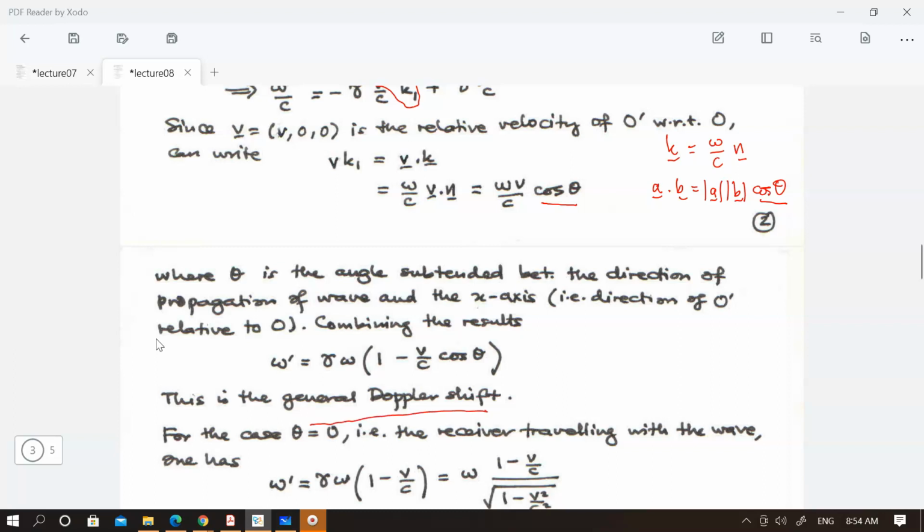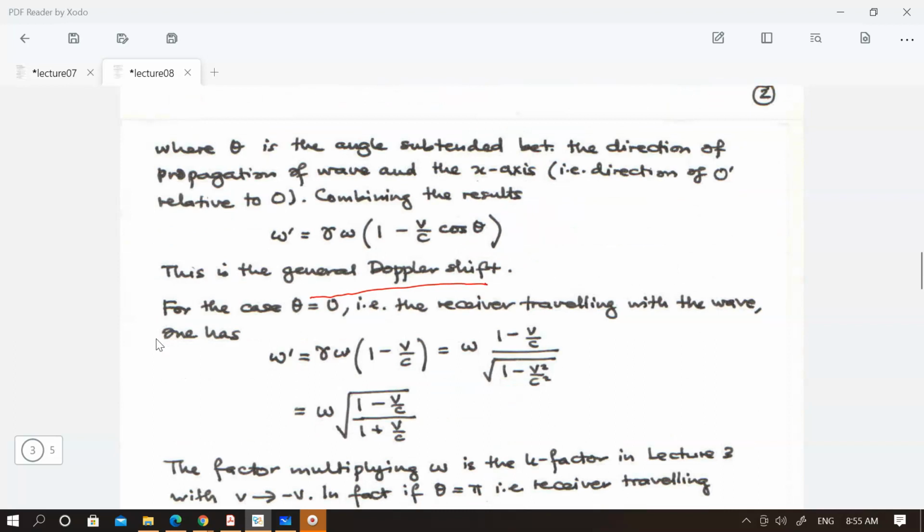It is given by this particular formula. If, for example, the frame is traveling together with the wave, that means theta equals 0, and you get this particular formula, the factor that you have seen before. This is what we call the K factor.